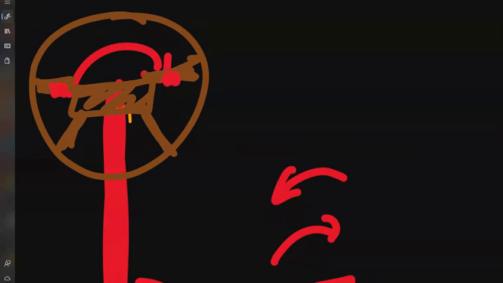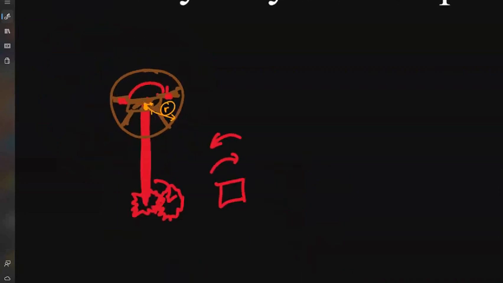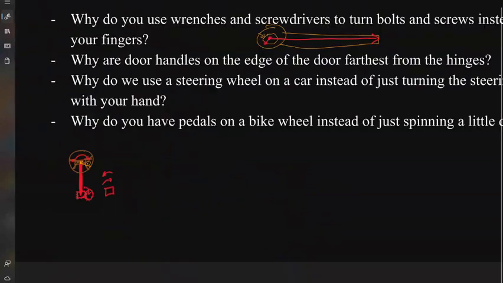But all of a sudden, our radius goes from just the width of that metal rod to the whole radius of the steering wheel. So it's a much bigger radius, and it's a lot easier to turn the steering column.